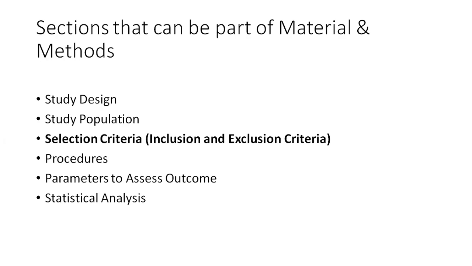Now, the more elaborate your inclusion and exclusion criteria is, the better your research question or your research process comes out to be. And almost all the original research, whether published in various journals or anywhere else, you will find a section on selection criteria.